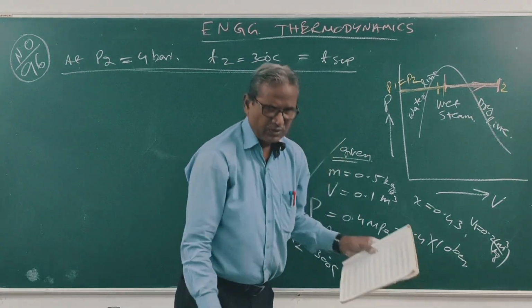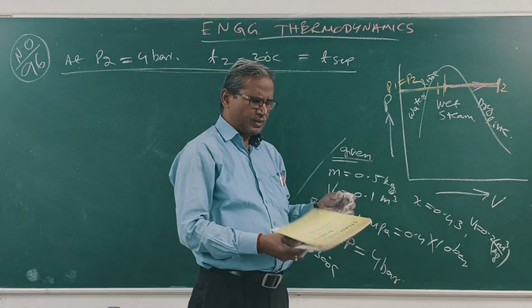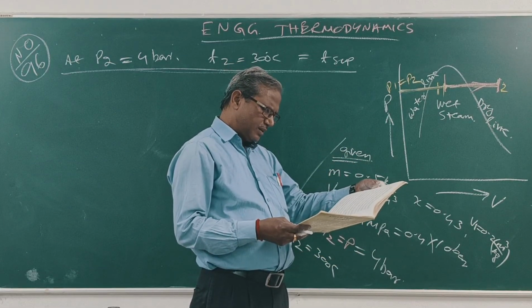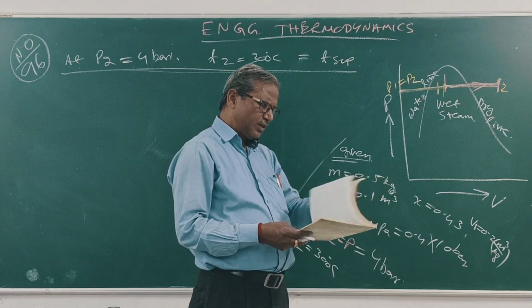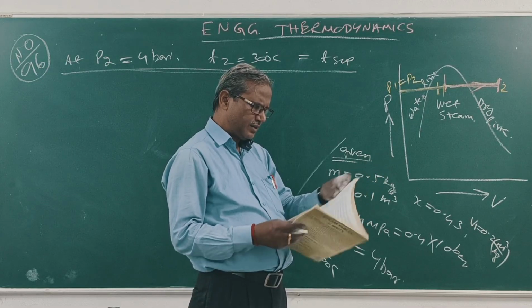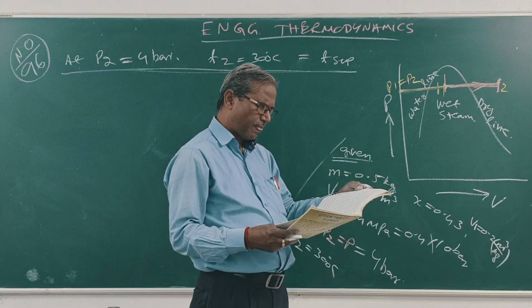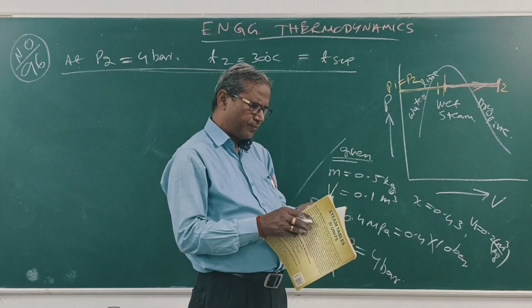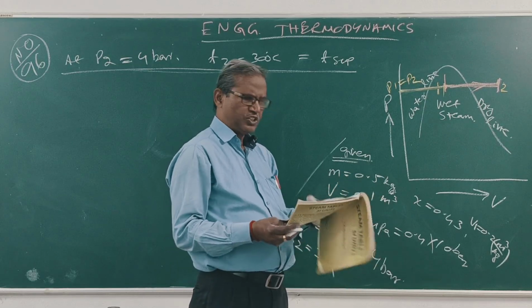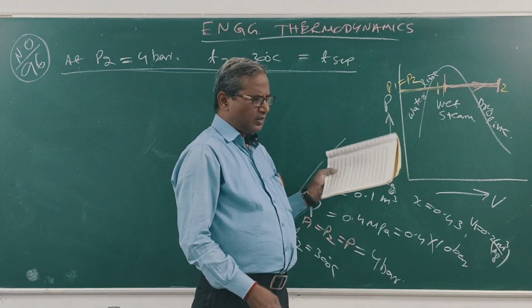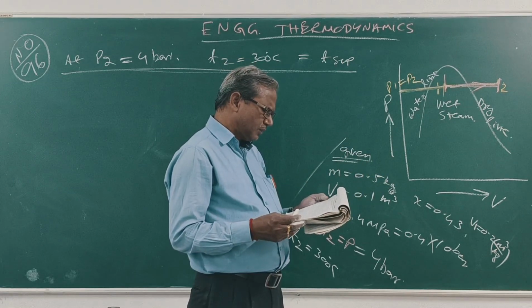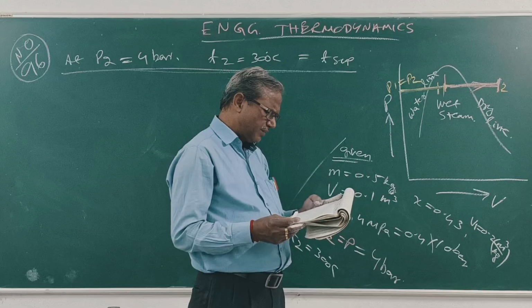Now, steam table 3. From steam table 3, 4 bar, 300 centigrade. This is 4 bar, page number 45, 300 centigrade. Clear?